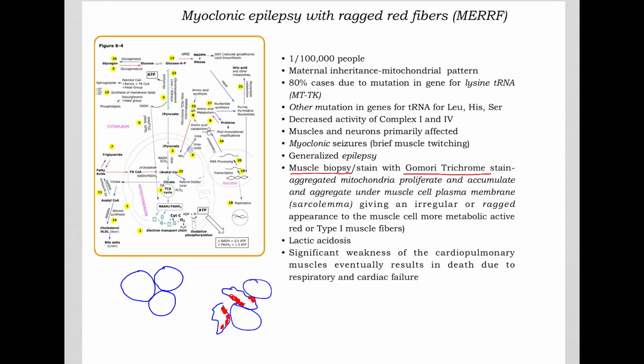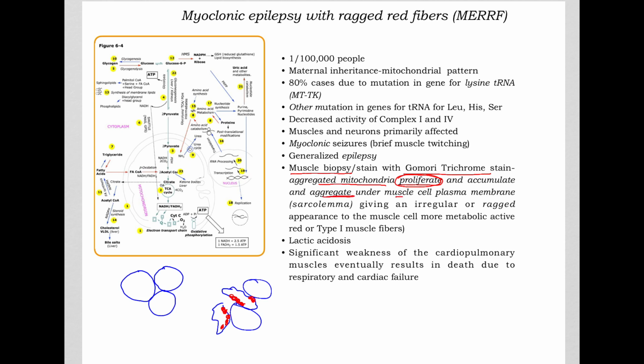The reason these mitochondria aggregate is because of the abnormal mitochondria, and also because mitochondria start multiplying. Once the energy generation of a cell is affected, the mitochondria tend to proliferate, and in this case proliferate and aggregate.